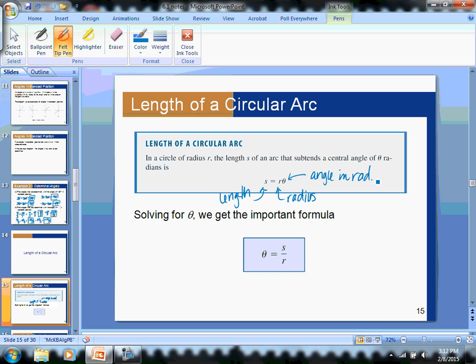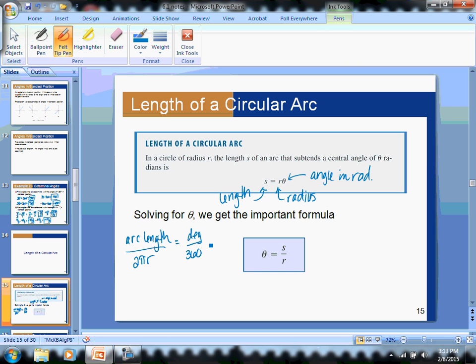Now remember, if they give you an angle measure in degrees, you're going to have to convert it to radians. And in geometry, you've talked about this as well. In geometry, when we're dealing with arc length, you have the arc length over the circumference, which is 2 pi r, and then you set that equal to the number of degrees over 360.